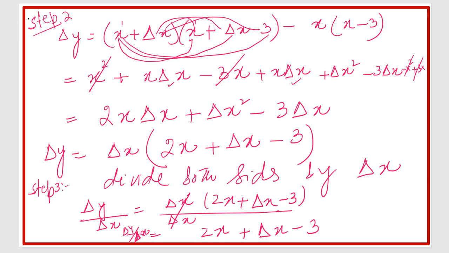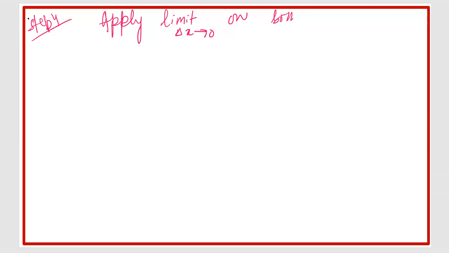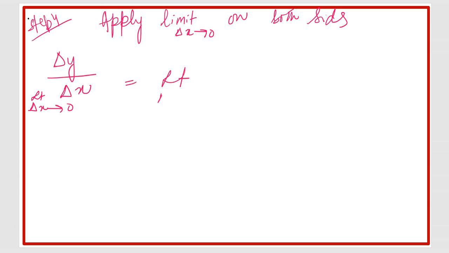Now is the fourth step. In the fourth step we are going to apply the limit. So here I will say step number 4, apply limit delta x tends to 0 on both sides, right? So on the left hand side we have limit delta x tends to 0 of delta y over delta x. Here we will say the same thing, limit delta x tends to 0 of 2x plus delta x minus 3.